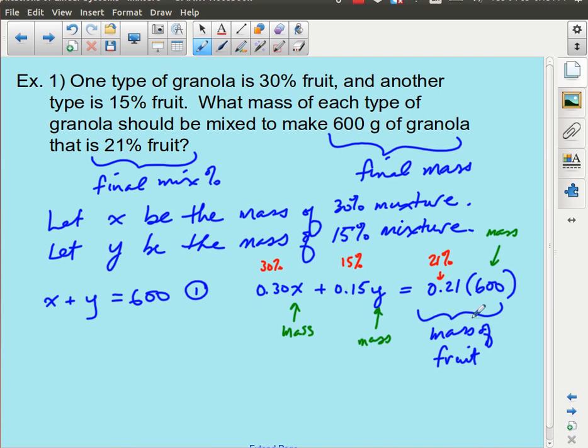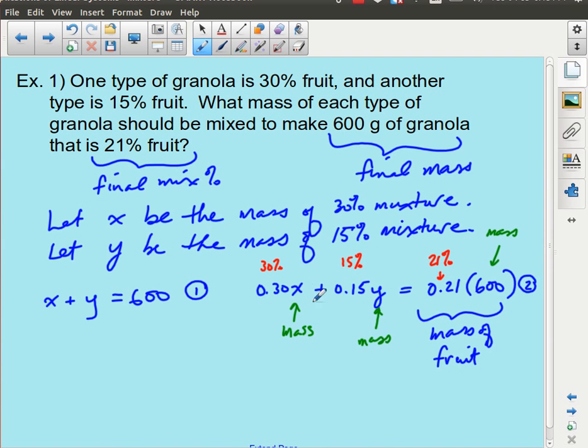So we've got a mass of each, and the percentage of fruit of each tells us the mass of the fruit. This is the mass of the fruit from the 30% mixture. This is the mass of the fruit from the 15% mixture. And when you add up those two masses, you end up with the mass of the fruit in the 21% mixture.